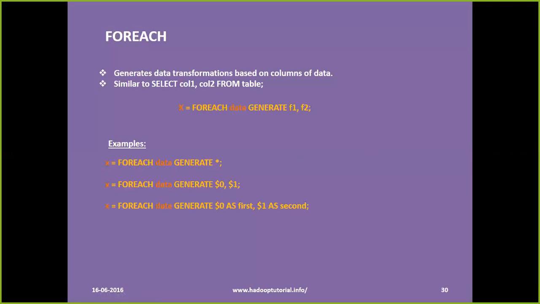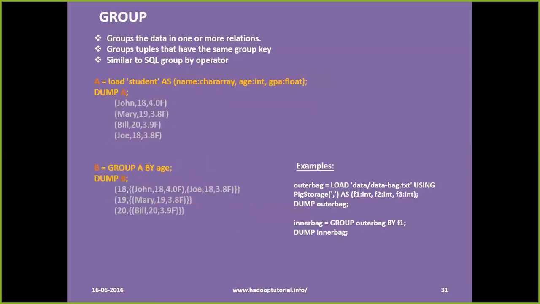We'll just be loading them, and while using them in subsequent commands, instead of using $0, if you want to have it as first, you can provide the alias. And in case you want to select all the columns, all the fields, use GENERATE star. It's like SELECT star FROM data. That one we have already seen.